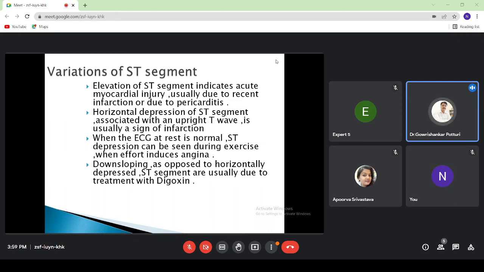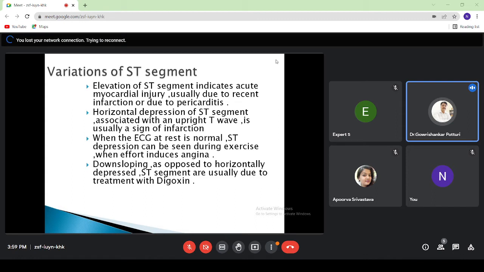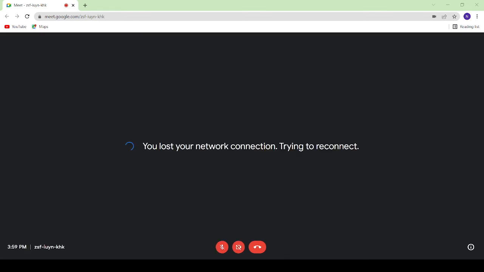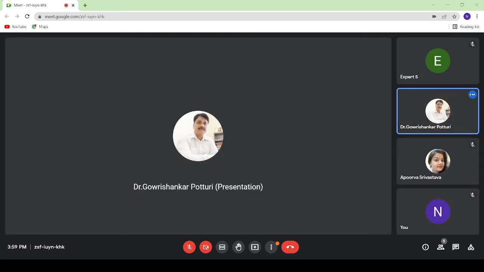When the ECG at rest is normal, ST depression can be seen during exercise because exercise can induce angina. Many times, many cardiologists also miss this point. The patient will be having breathlessness or symptoms of myocardial infarction, but when we take a resting ECG, we find normal findings.